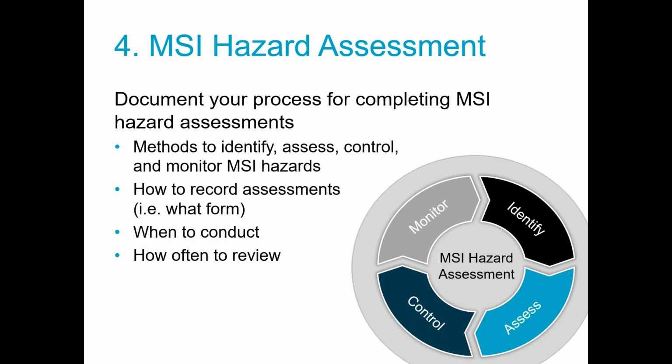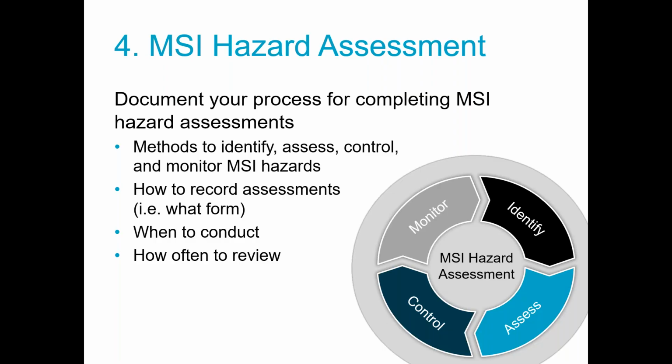A couple of things that you might want to include in your written processes would be indicating to your workplace parties what has to be documented. For example, what are the methods they use to identify the risk factors? Was it a workplace inspection? Really, if you're going to write this in your procedure, you're writing down the methods you expect your workplace parties to use to identify MSI hazards or potential hazards.